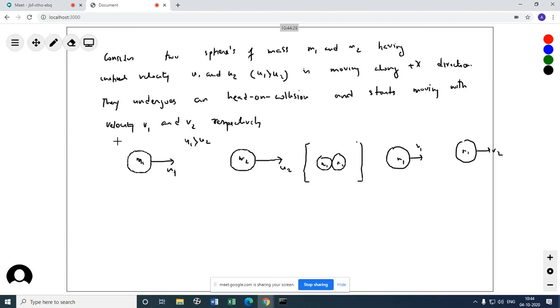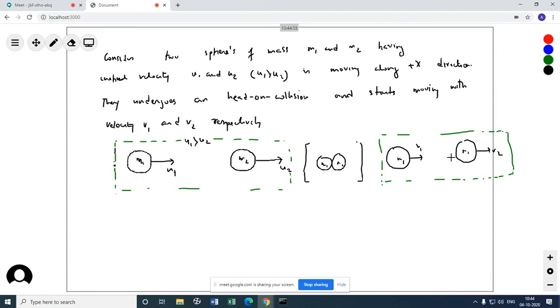As they collide, the spheres start moving with velocities v1 and v2. Then this is our initial momentum, and this is our final momentum. This situation is happening in an isolated environment, so that no other process is involved in it.